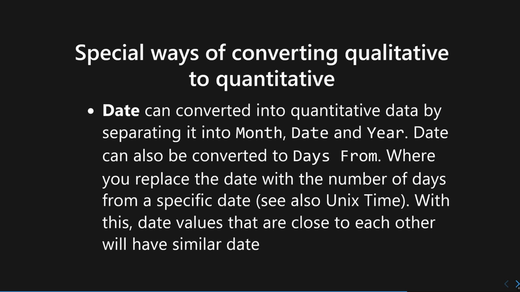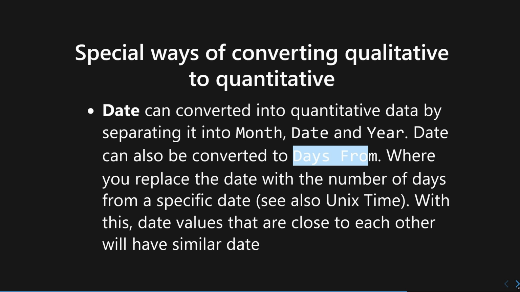For example, the date September 29, 2025 can be converted into 3 columns, 9 for the month, 29 for the date, and then 2025 for the year. It can also be converted into something like days from, where you can replace the date with the number of days from a specific date.